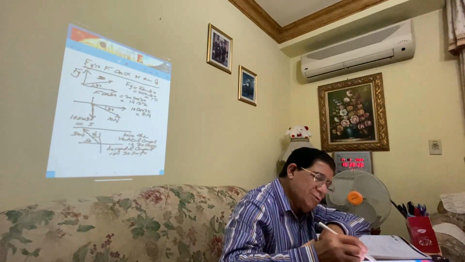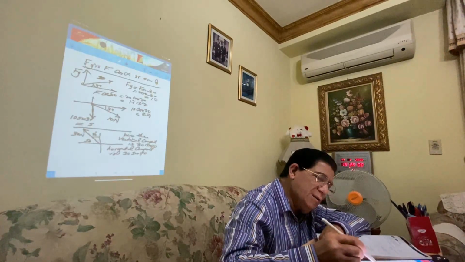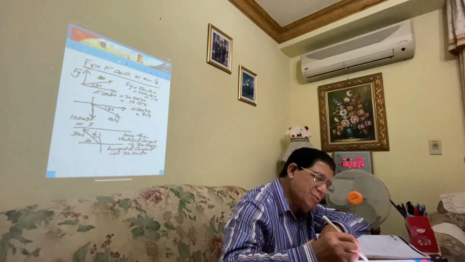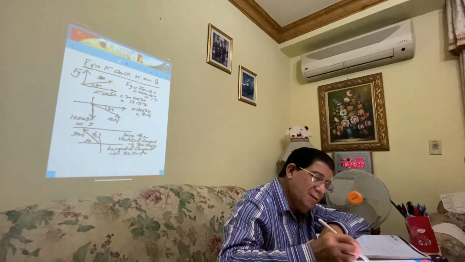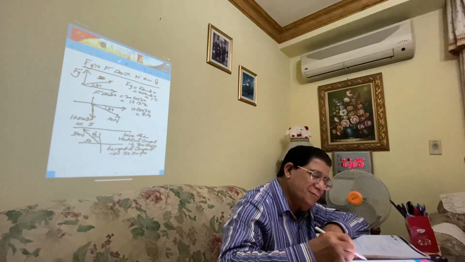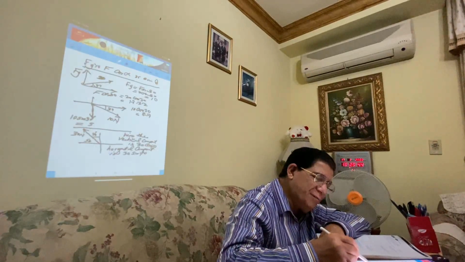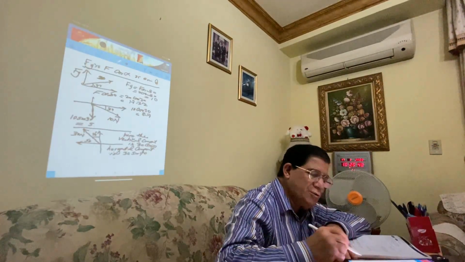But always, if the angle is with the y, the y is the cosine. If the angle is with the x, the x is the cosine. Here, the horizontal component is negative because it is to the left, and the vertical component is positive, up.